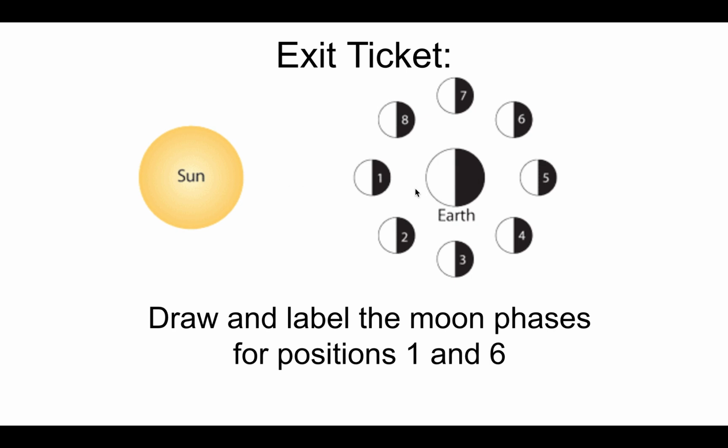You have to draw your human on the earth and follow the steps to figure out what moon phases they are. So draw them by just drawing a circle and coloring in the dark side, and then label the moon phases with the names that we've learned in this lesson. And I want you to do it for position 1 and position 6.